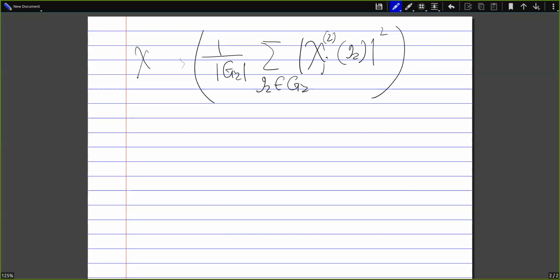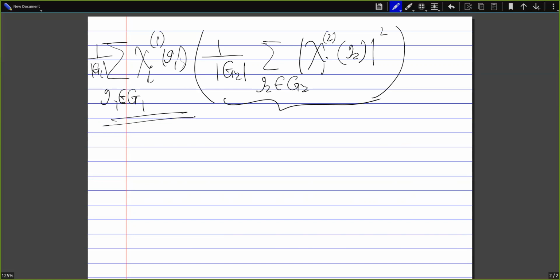Then I have chi_I^1(g1), then the summation over g1. This is 1 as chi is irreducible, so whatever we are left with is just this, because this is 1, and that's also 1 because chi is also an irreducible character. So that shows that the product of two irreducible characters will remain irreducible.